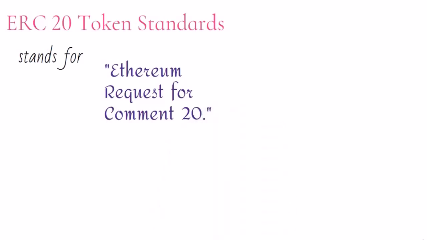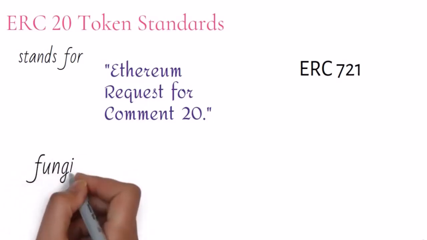So ERC-20 is Ethereum Request for Comment with standard number 20. There are many types of standards to create tokens, like ERC-20, ERC-721, and so on. ERC-20 is one of the standards on the Ethereum blockchain network which helps us create fungible or exchangeable tokens.